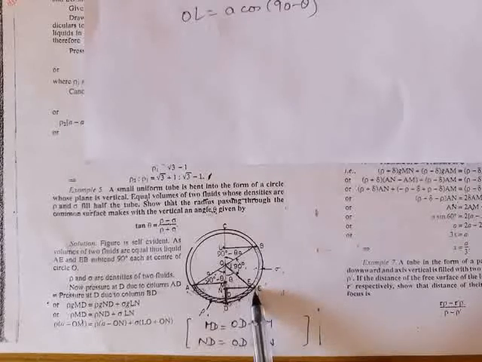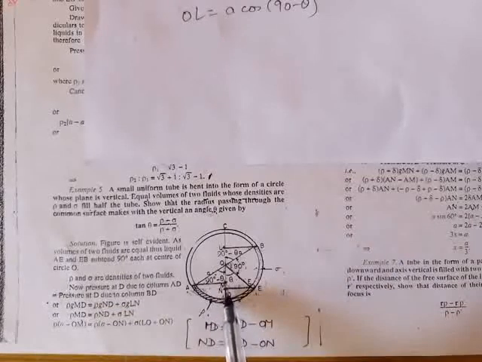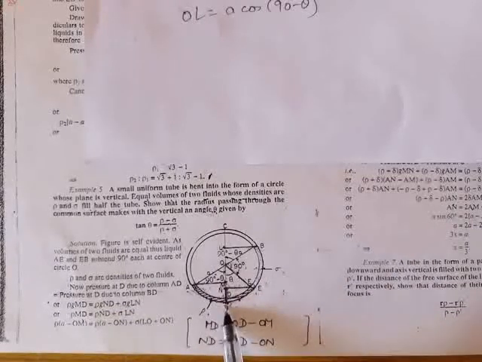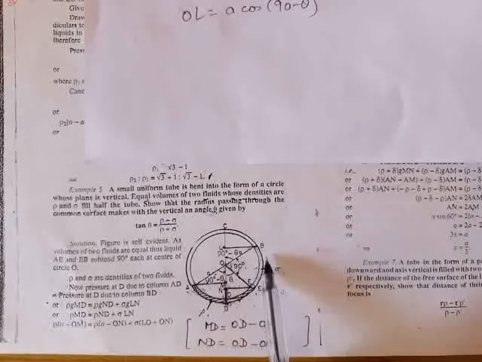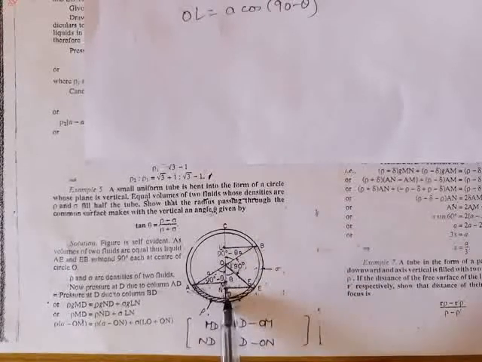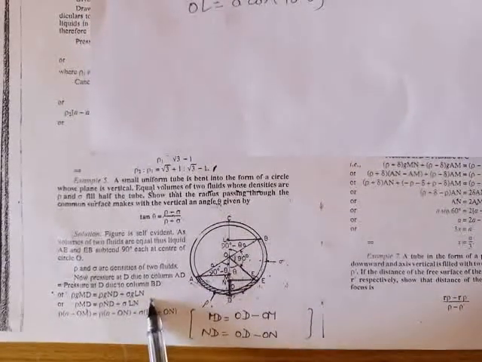So the pressure due to the right side will be rho g times this length ND, plus the density of this liquid is sigma and the depth is OL plus ON, so that becomes sigma g times (OL plus ON).